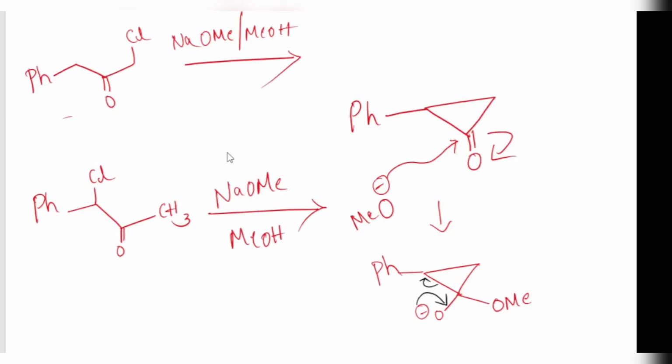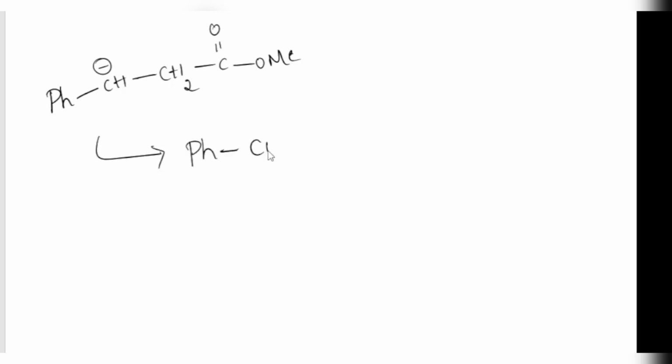That's why we have to write Ph is there, and again here Ph is there, and that particular carbon contains CH minus, and again CH2 and C double bond O and OMe. Again this one gets protonated. Finally we will get Ph, CH2, CH2, COOMe. This one is the major product.